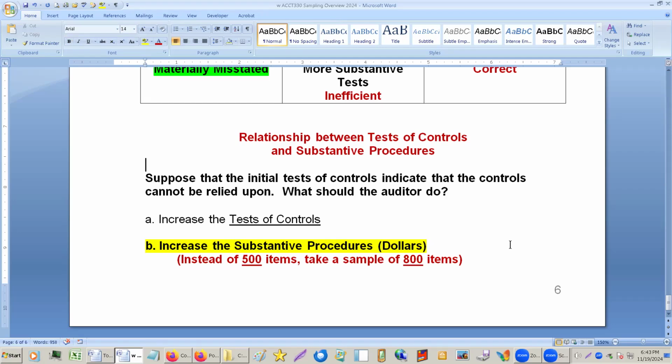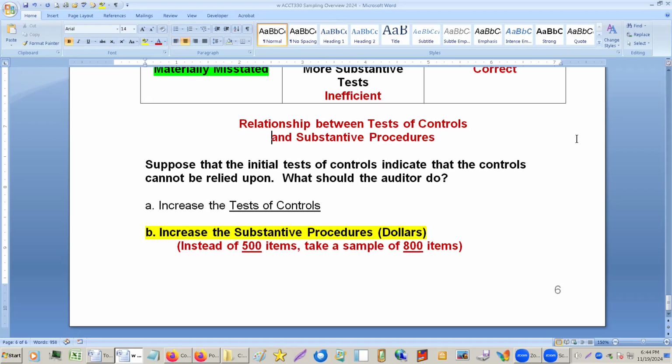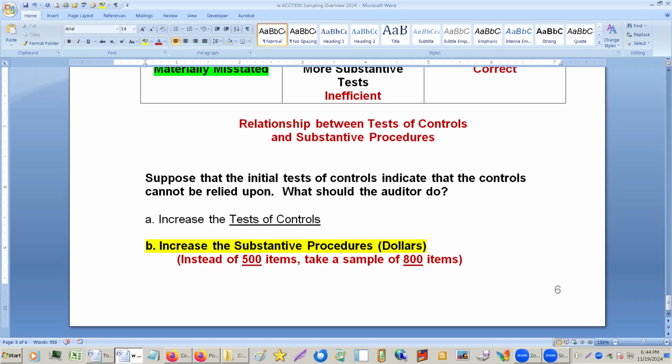So the relationship. Oh, I didn't talk about what the relationship is. I'll do it up here, in big, obnoxious capital letters. They have an inverse relationship.